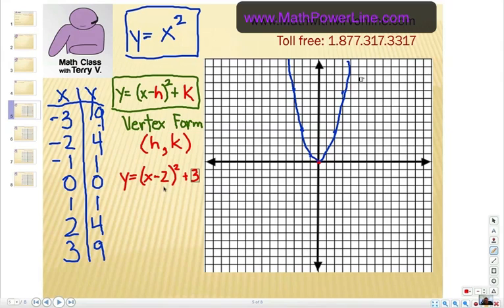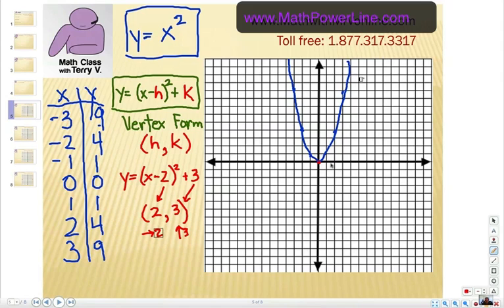In this example, the 2 becomes the x-coordinate of our vertex, and the 3 becomes the y-coordinate of our vertex. So we should be able to tell just by looking here, if it's in vertex form, that this number being subtracted inside parentheses is a 2, and this added on the outside is a 3. So notice how that would be a shift of 2 and a shift of 3. So we're going to go up 3 and we're going to shift it to the right 2.